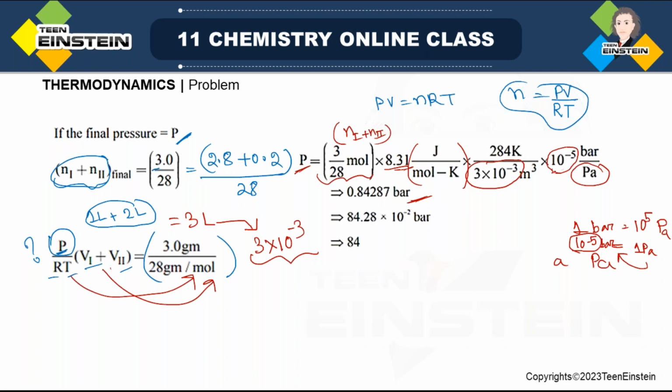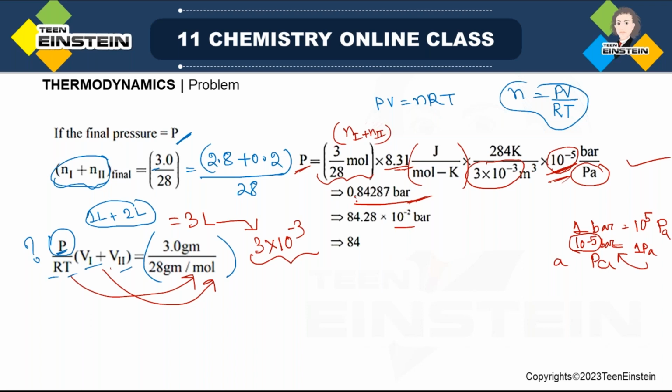If you are omitting this part, you will get the answer as 84 to 87 Pascal. But ultimately, whatever result you get in Pascal unit from this equation, finally you have to multiply with 10 to the minus 5. That we have directly done. So that is why it is written here, 10 to the minus 5. So the answer is this. But the format we have to maintain is 10 to the power minus 2.